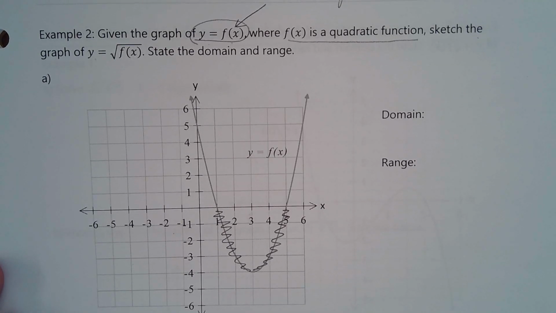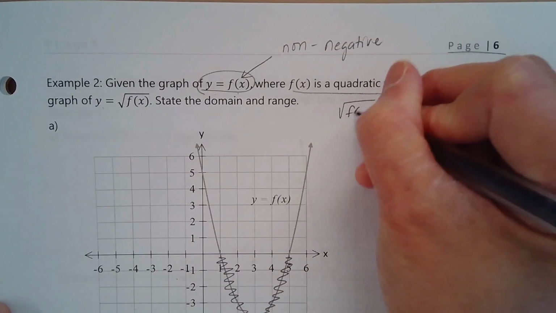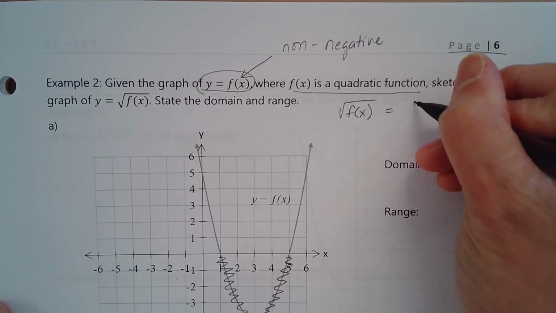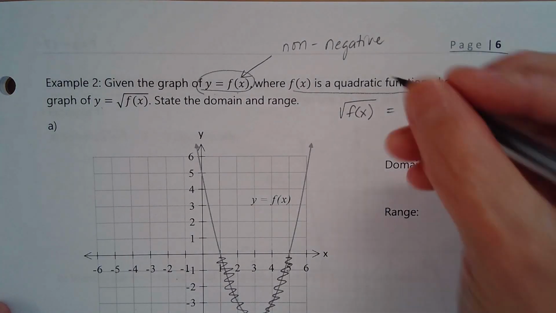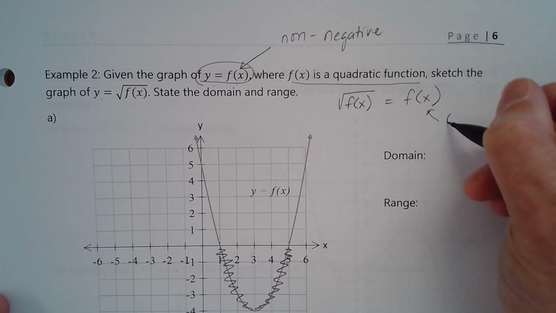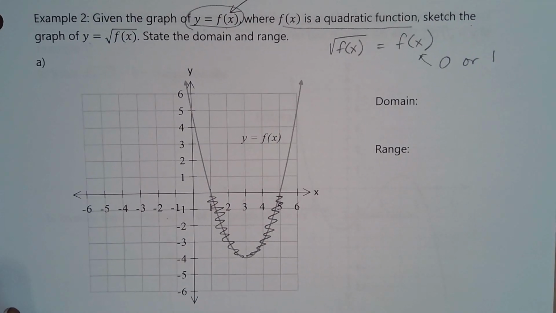So where are your invariant points? Invariant points are where the square root of f of x is equal to f of x. And that happens when f of x is 0 or 1. Where is f of x 0?